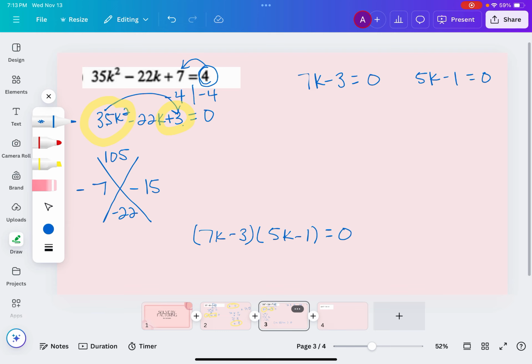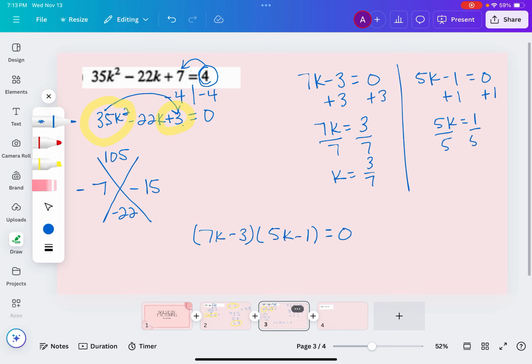I am going to solve both. So plus 3, 7k equals 3. Divide by 7, so k equals 3/7. Plus 1, 5k equals 1. Divide by 5, k equals 1/5. Okay, so those are your two numbers.